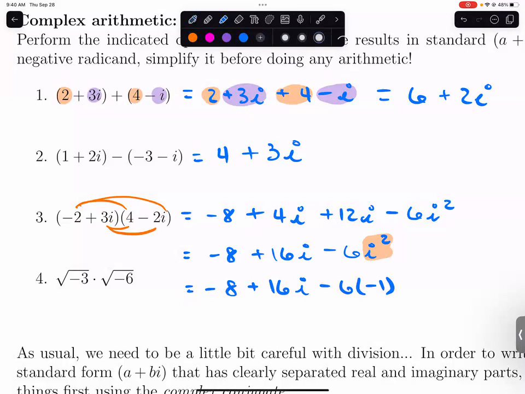That's 6 times -1. So really we have -8 plus 16i minus 6 times -1, so that's plus 6. So -2 plus 16i.